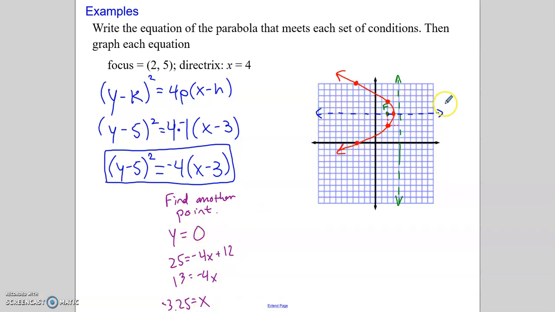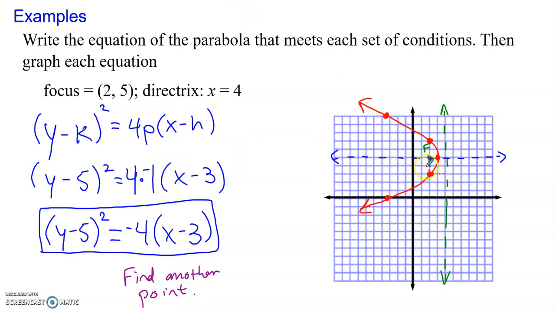I can then flip that across this line of symmetry to get another point, and that will tell me how wide to draw the parabola. I can also find this point right here. Basically, you have to know that the definition of a parabola is all the points that are equidistant from the focus and the directrix.